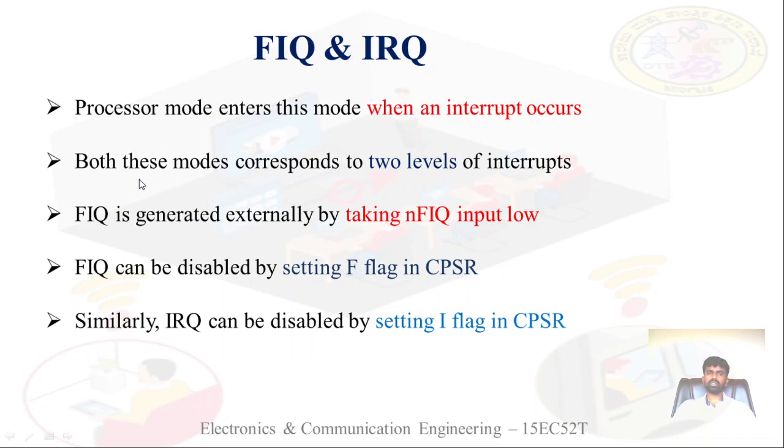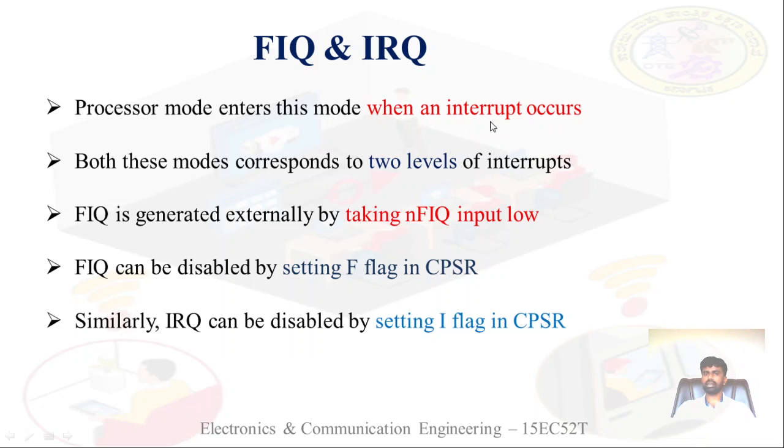Next, the modes are FIQ and IRQ modes. What is FIQ? Fast interrupt request. IRQ means a normal interrupt request. So there is a concept called interrupts. What are interrupts? Interrupts are events that interrupt the normal operation, the normal execution.